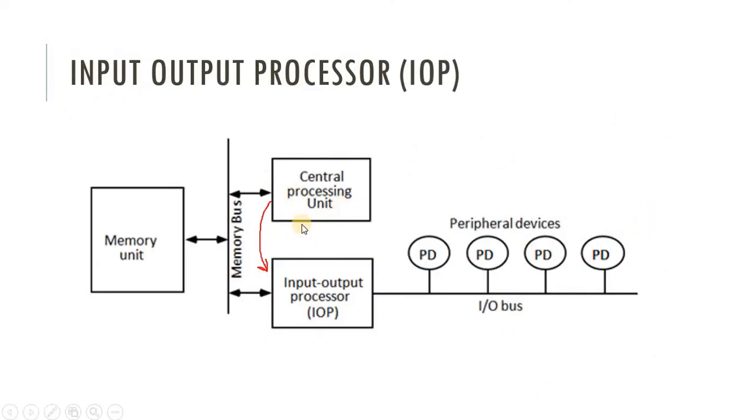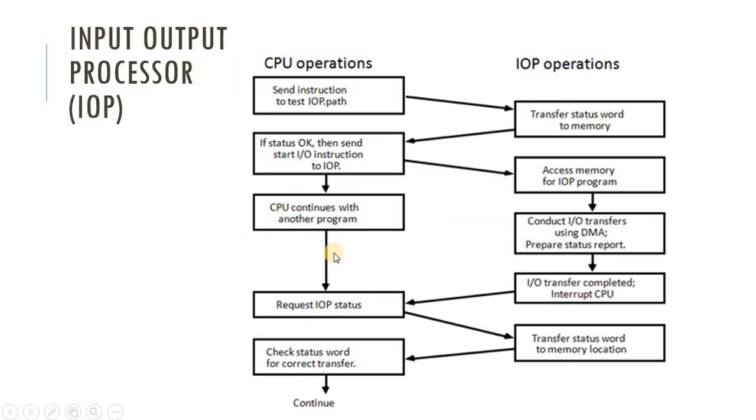Now, if the CPU gets the interrupt signal, it does not directly send an OK report. The CPU has to check whether the transfer of data between memory and peripheral device is done or not. For that, the CPU requests the IOP status from the IO processor.